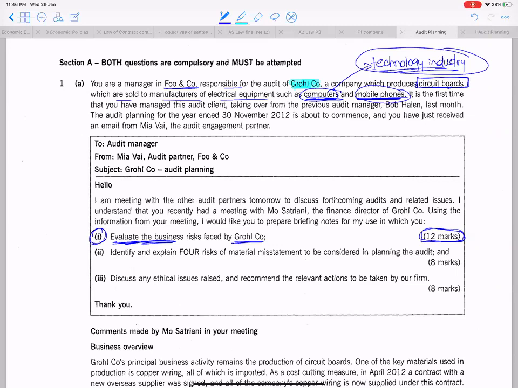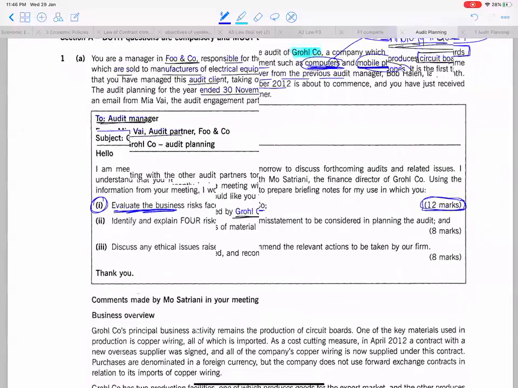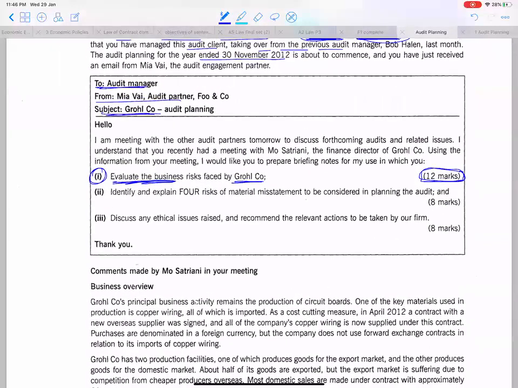It is the first time that you have managed this audit client, taking over from the previous audit manager, Bob Hallen, last month. The audit planning for the year ended 30th November 2012 is about to commence, and you have just received an email from Mia Y, the audit engagement partner. To audit manager from Mia Y, audit partner, Fu and Company, subject: Grahal Company audit planning.